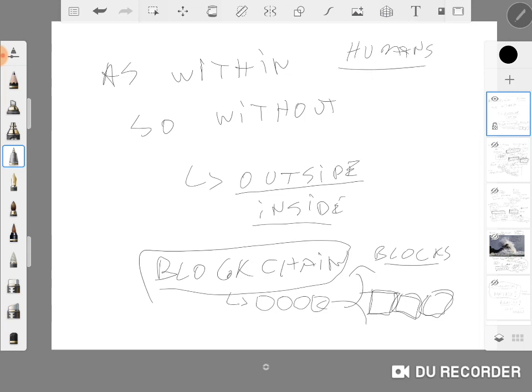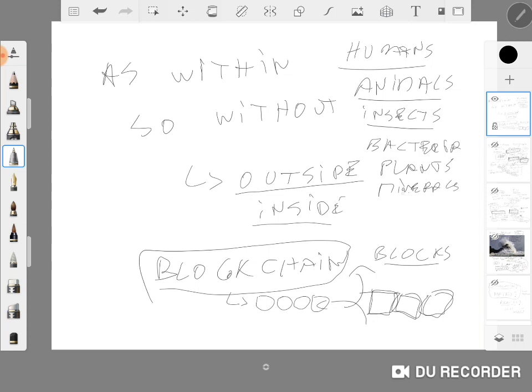I'd say pretty darn big, because if you look at how much we can influence reality, it's pretty impressive. And then animals have a certain voting power, and then insects, bacteria, plants, minerals, etc. into infinity.